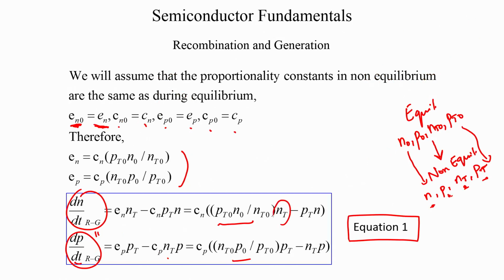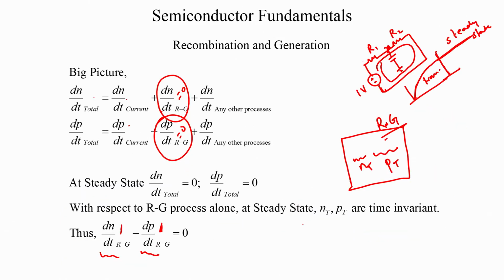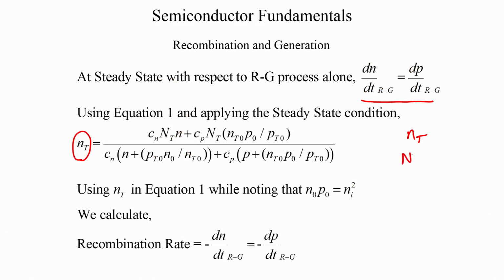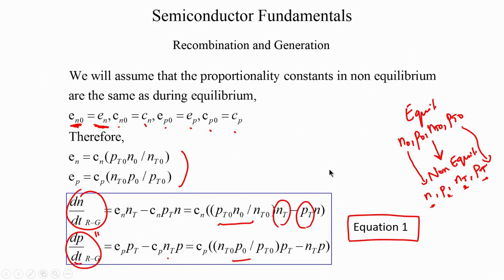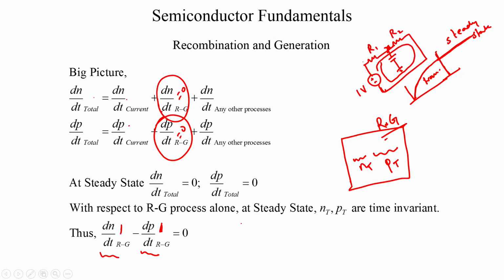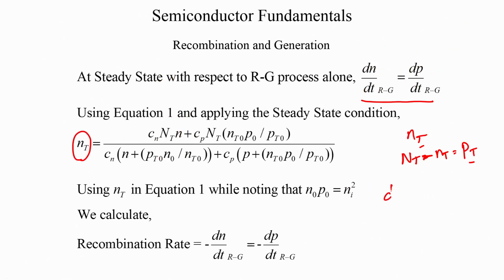and using that value of NT we can also get PT, because we know NT we can calculate PT as capital NT minus small nt, which is your small PT, and using NT and PT and plugging it into any one of these equations, we can get the recombination rate, which is basically your dN/dt, the rate at which we are losing electrons, the rate at which we are losing holes.